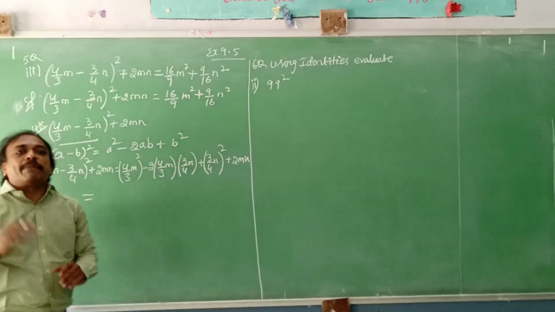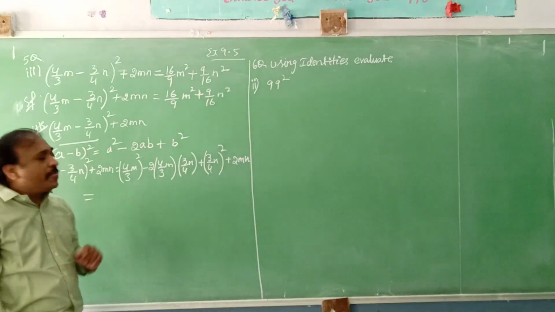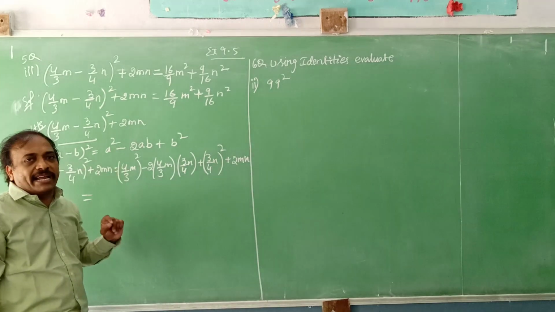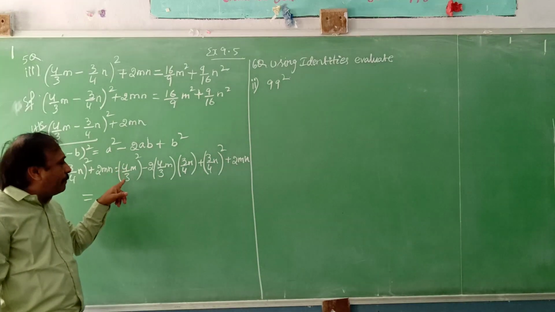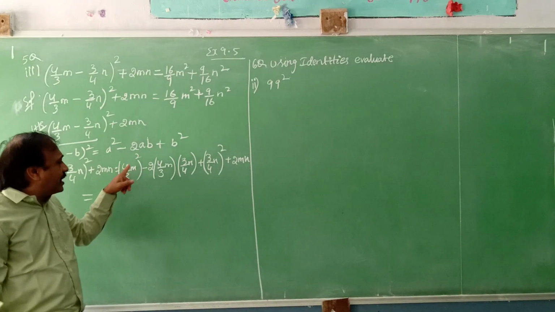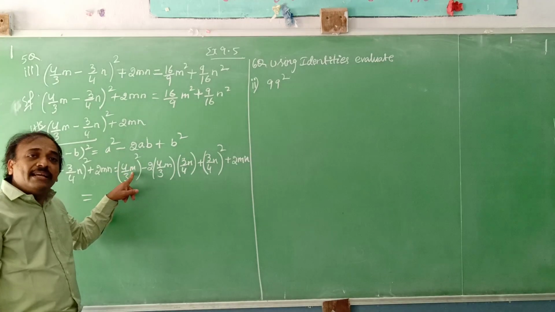Now observe this, 4 by 3m whole square. The square is applicable to all the terms inside the bracket. So square is applicable for 4, for 3, and even for m.